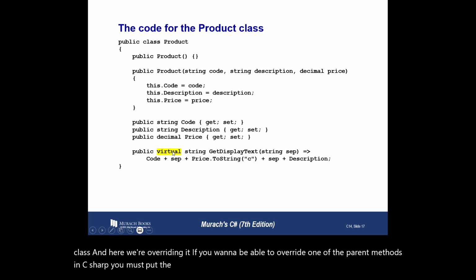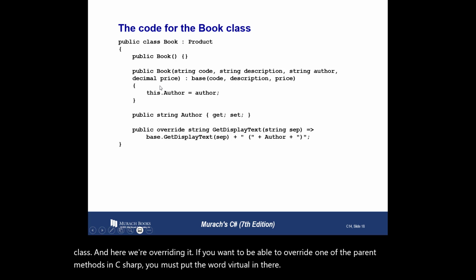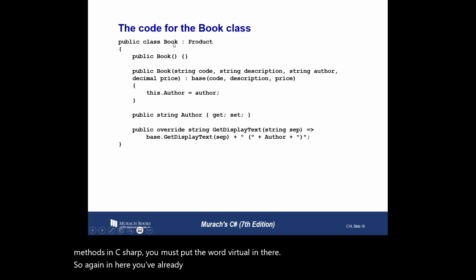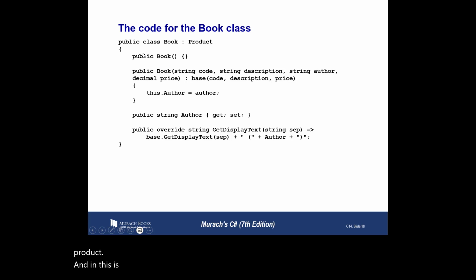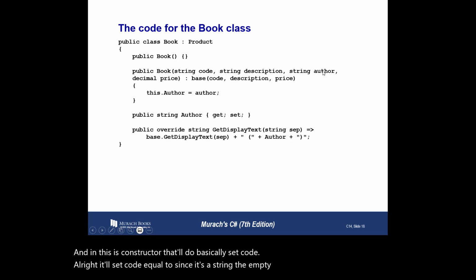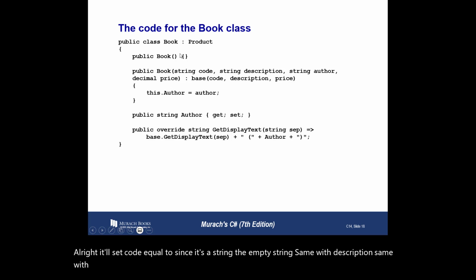virtual in there. So again, in here you've already seen this, but here is our book class, which is derived from product. And in this is our constructor that'll set code equal to, since it's a string, the empty string. Same with description, same with author, and price will be set to 0.